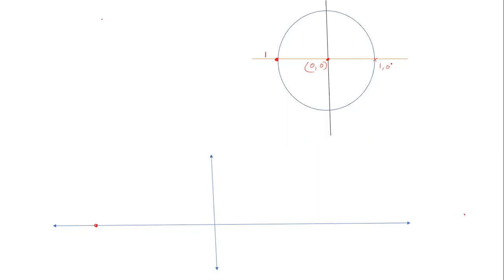So the coordinate of this point would be 1, 0. Say this point is A. And again this is 1 unit, the radius is 1, so its coordinate would be 0, 1. Now this point is C and this is the x-axis, so its coordinate would be -1, 0.